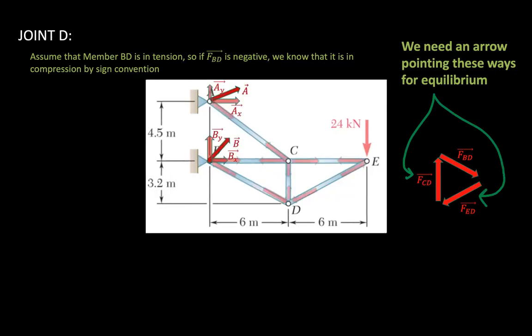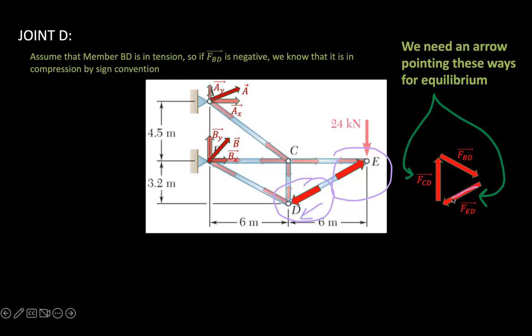And keep in mind all the forces again. Basically, why does FED point in that direction? Because remember we solved for FDE, which is this vector over here. And since FDE and FED must be a Newton pair force, we know that FED points this way.